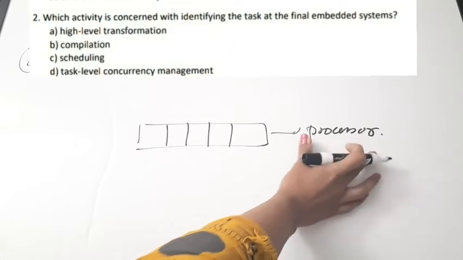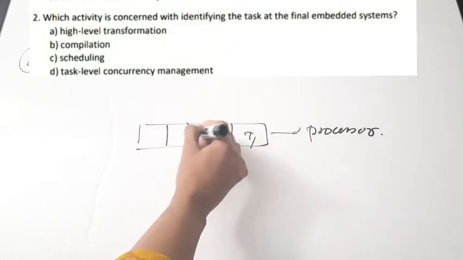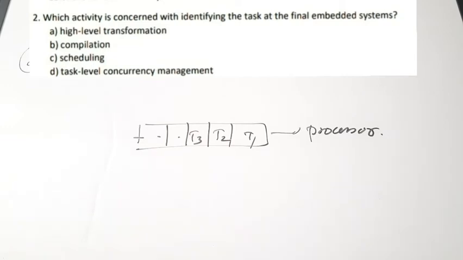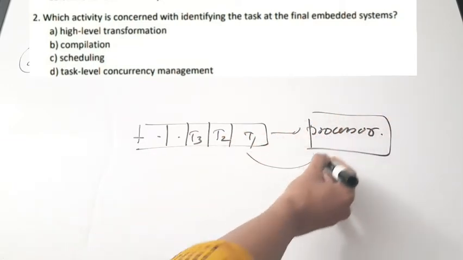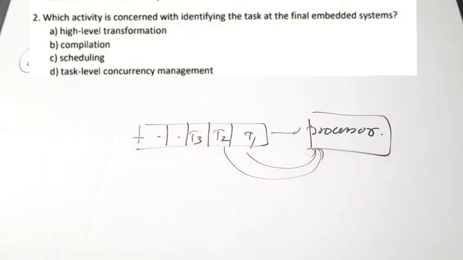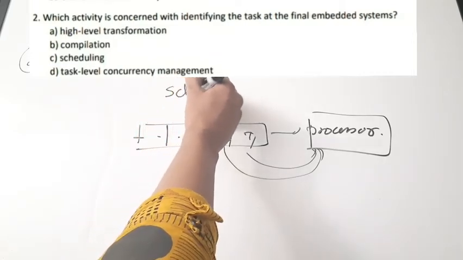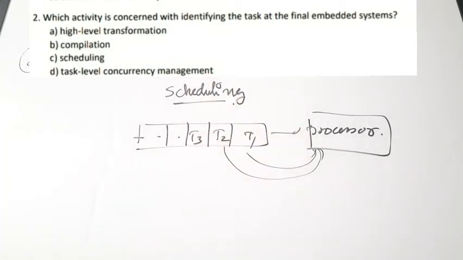So there is a processor which will be processing these tasks T1, T2, T3, likewise. If this is the processor which is doing all the work, we are going to give the tasks to the processor one by one. And this process of identifying and arranging of tasks is called scheduling. Okay. Correct answer is D.